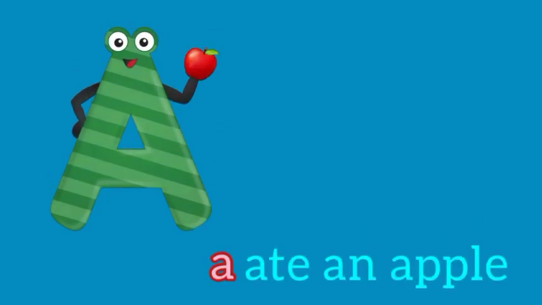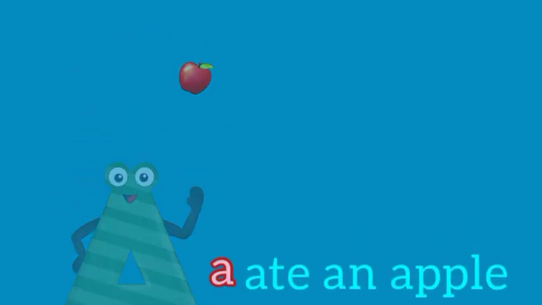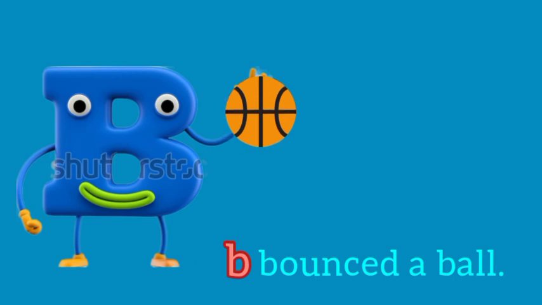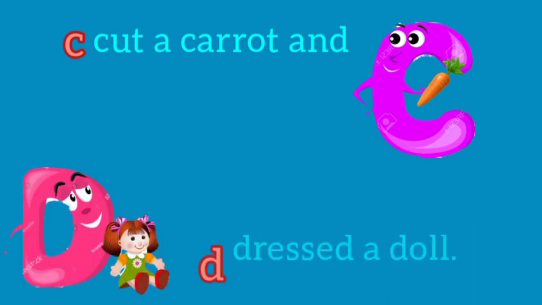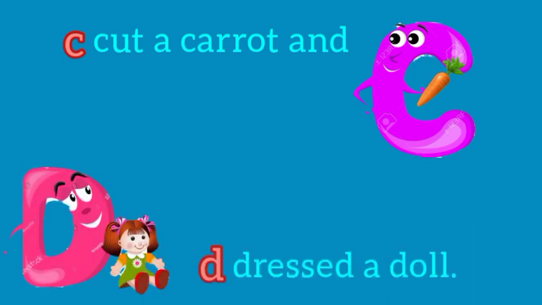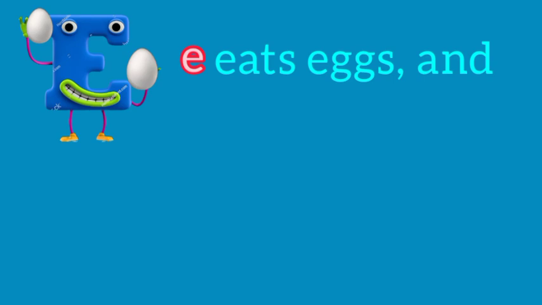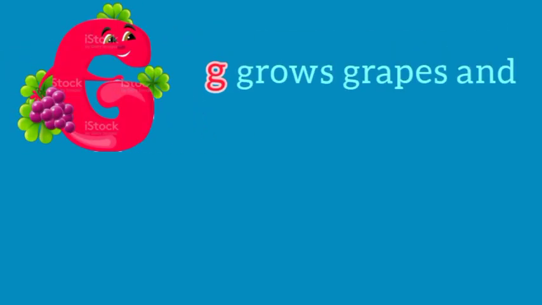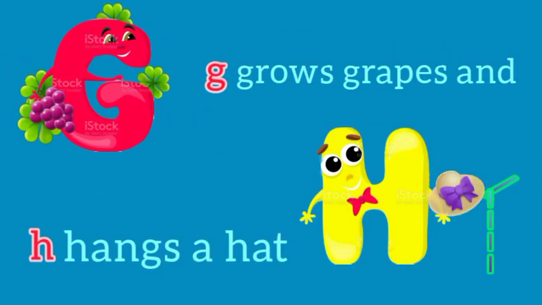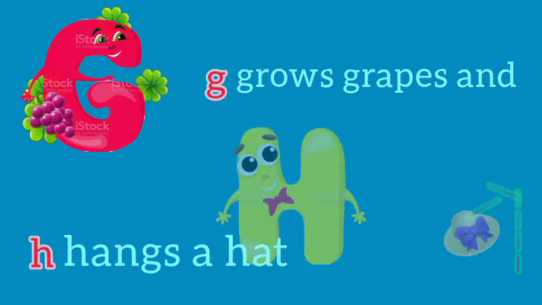A ate an apple, B bounced a ball, C cut a carrot and D dressed a doll. E eats eggs and F falls flat, G grows grapes and H hangs a hat.